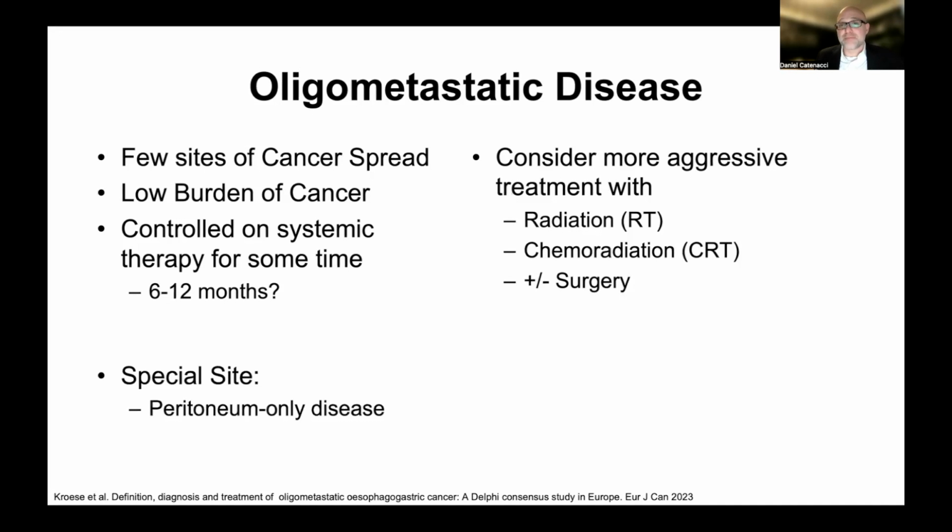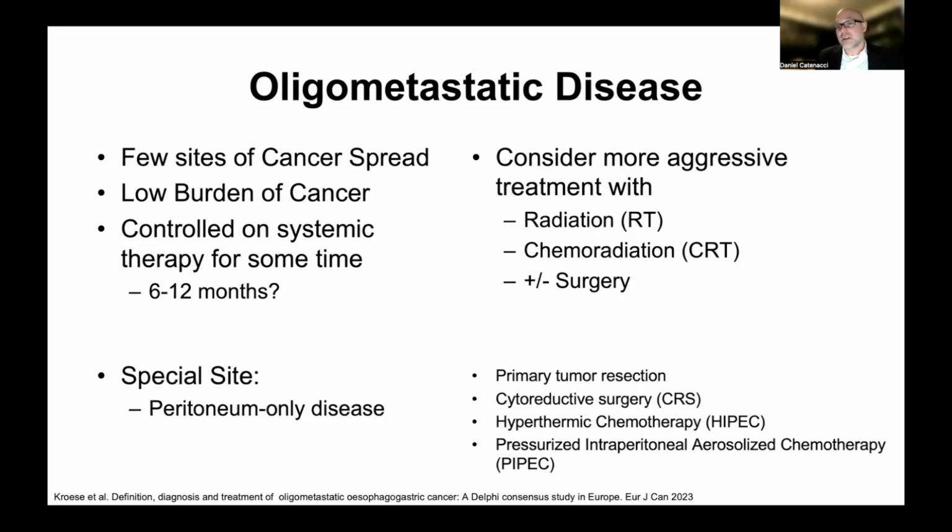There's also a special oligometastatic site that we've been noting along the way in the various videos, and that is peritoneal-only disease, like a diffuse type gastric cancer. In those settings, there is the concept, as opposed to the Regatta study, which I showed you a few slides ago, that was removing the primary tumor but leaving the peritoneal disease in the peritoneal cavity.